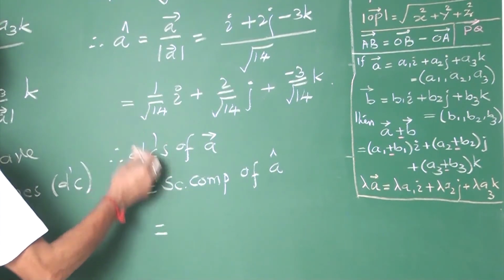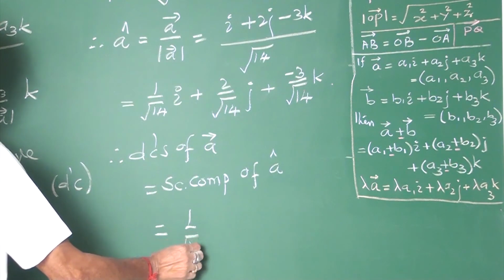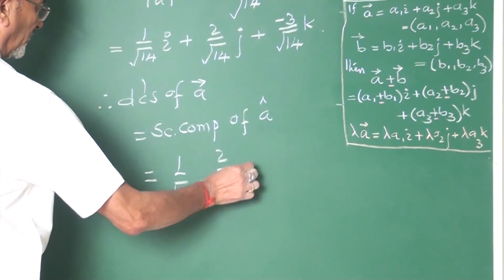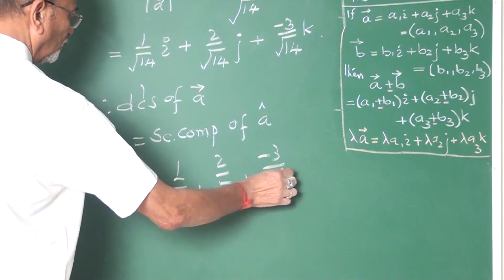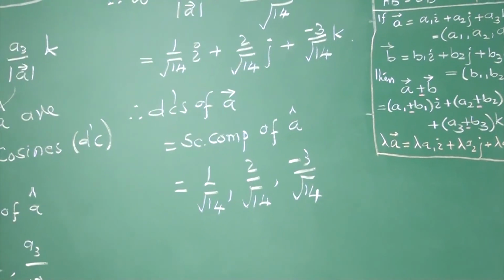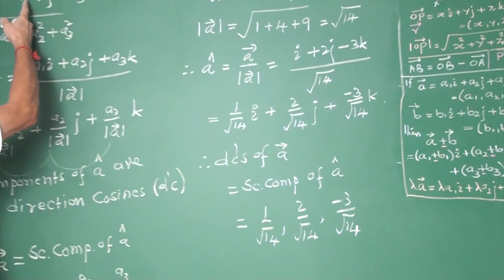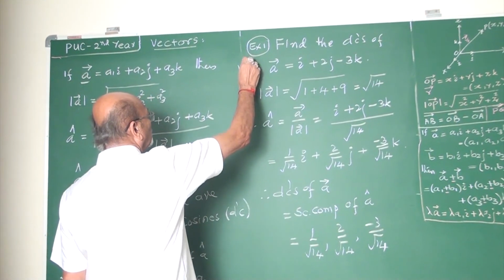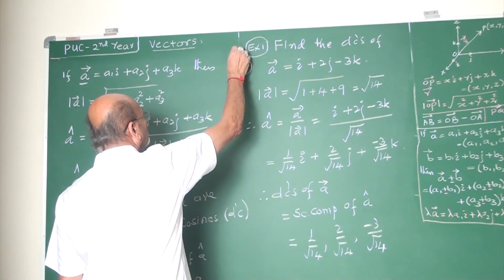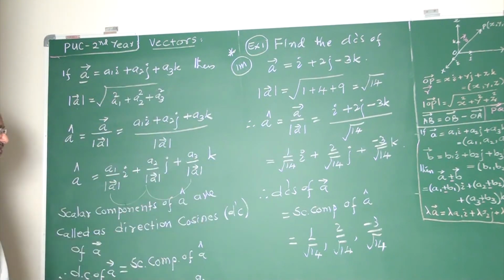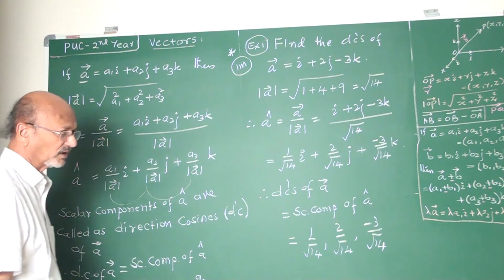What are they? Scalar components: 1 by root 14, 2 by root 14, and minus 3 by root 14. Yes, my friends. This is the method of finding the direction cosines when the vector A is given. These are good examples under 1 mark questions. I hope the method is clear. Simple. If you want, I do one more example.